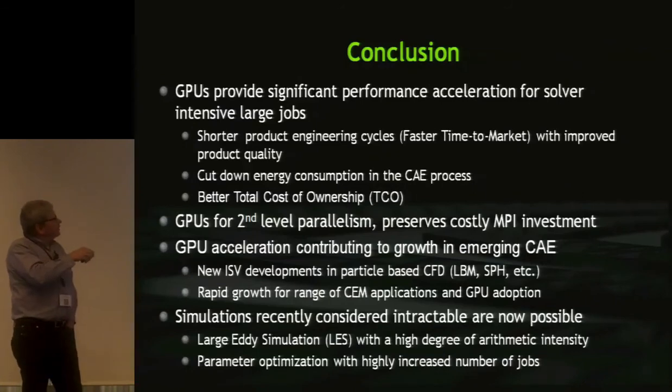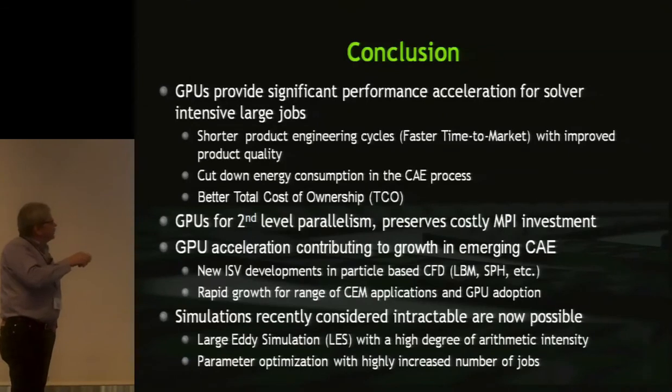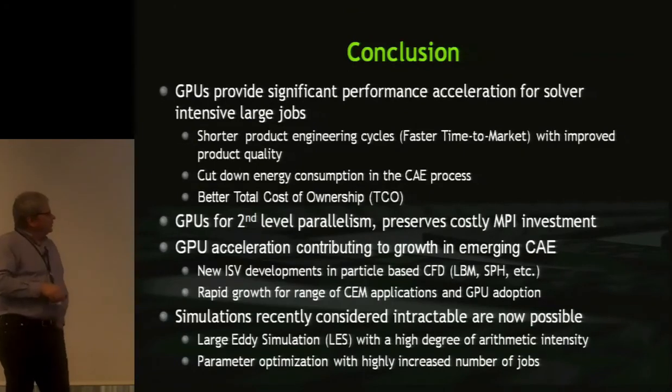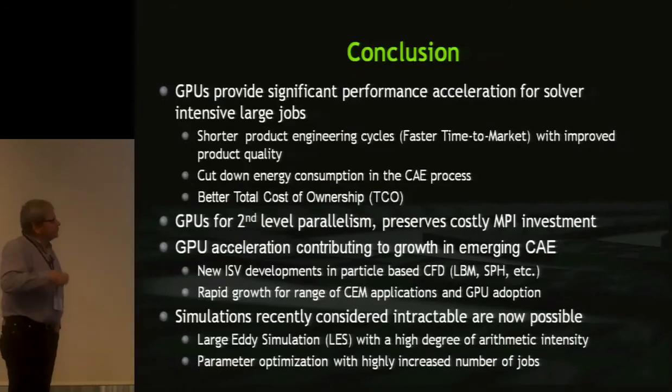Cutting down energy consumption in the CAE process is meanwhile also a very important factor. Better total cost of ownership: GPUs for second level parallelism preserve costly MPI investment, so you need fewer nodes and so on.